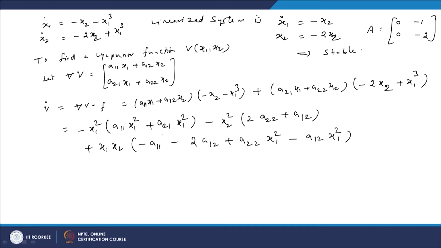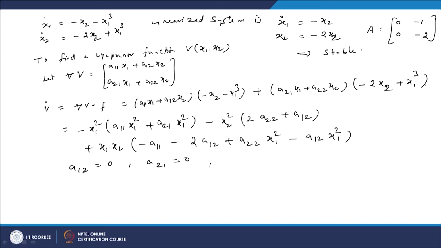So, one choice is we can write a12 equal to 0 and a21 equal to 0, so that the first term becomes a11 x1 square. So, we should take a11 to be a positive number. Similarly, a22 should be positive, so that the first two terms become a negative definite function. Now, we want to make the third bracket 0.